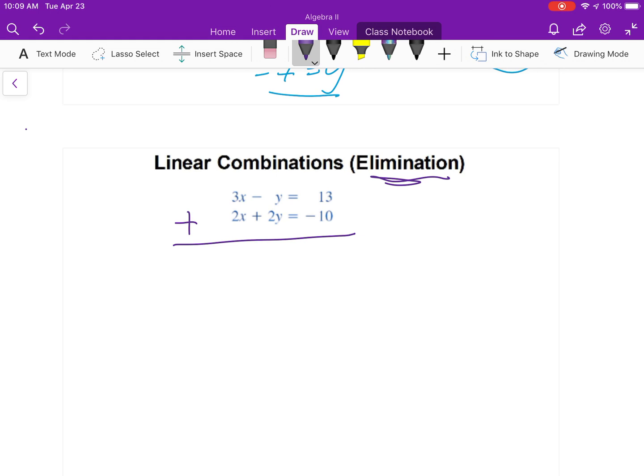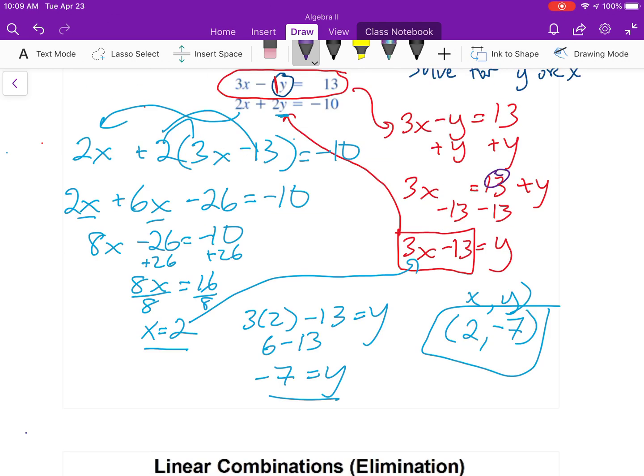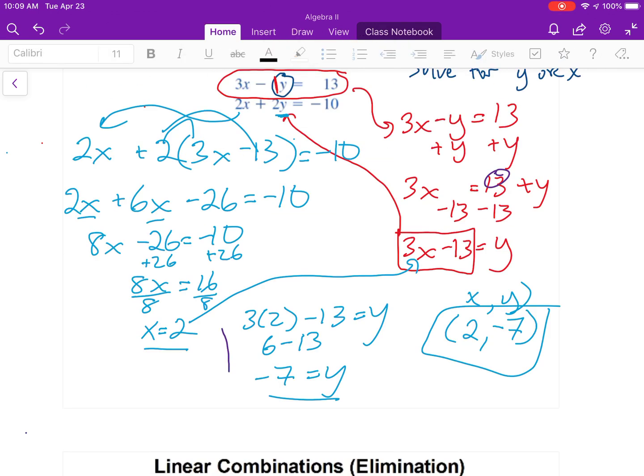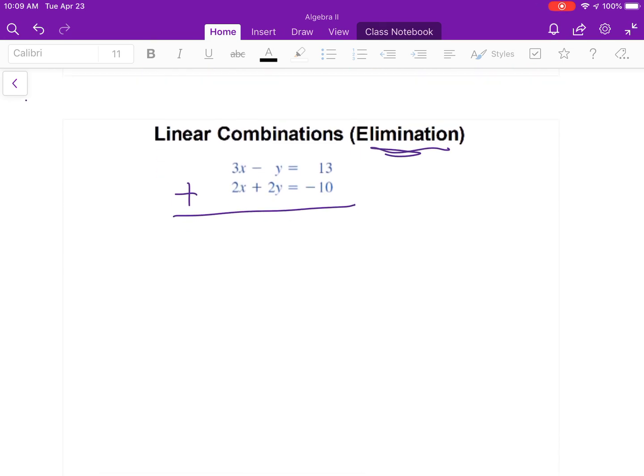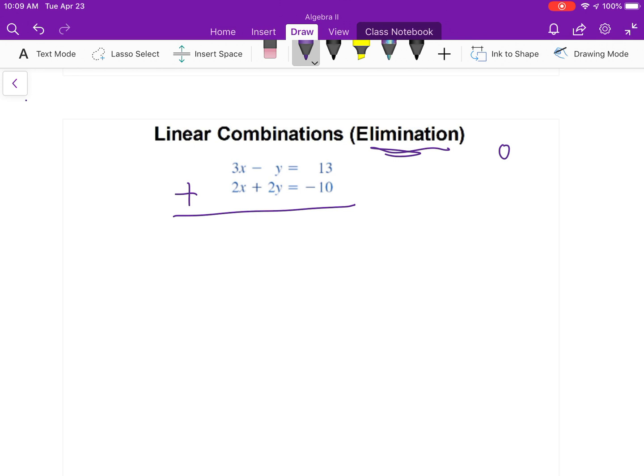But in order to do that, I need to have opposites. And by opposites, I mean like, say, negative 3 and 3, because when I add them together, I get 0. One's positive, one's negative, but they're the same value. Here I have a negative 1, but a positive 2.